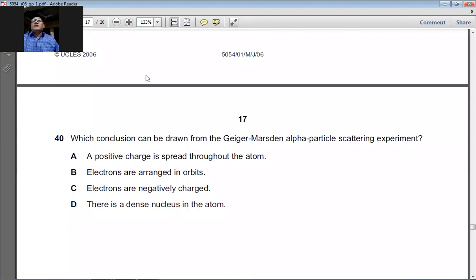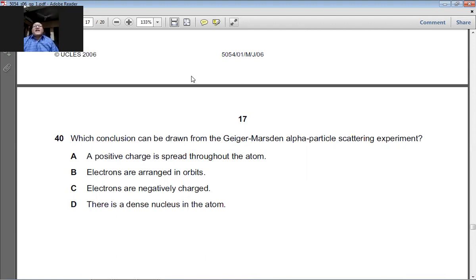Now, question 40 is showing up on your screen. He says, which conclusion can be drawn from the Geiger-Marsden alpha particle scattering experiment? You see what they did? They took a gold foil, a very thin gold foil, and they bombarded it with alpha particles. And they put a photographic film around it. And what they observed was that most of the alpha particles went straight, like there's nothing in their path.